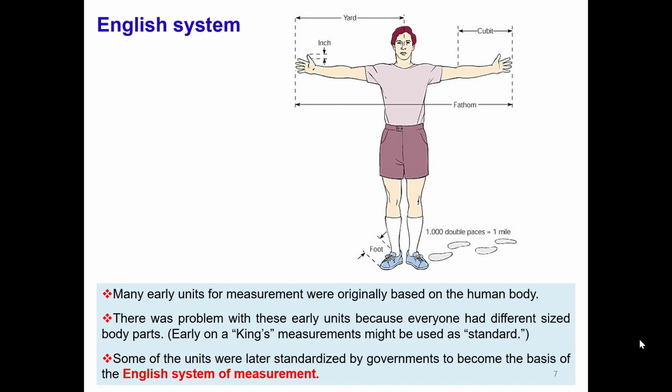That measurement depended on the length of the body part of some particular king. But that changed when the units of the English system were standardized, defined based on the SI system units.